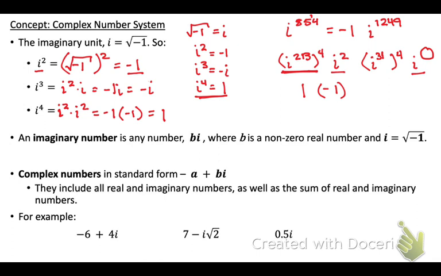And what's my remainder? So this whole thing is 1. And what's i to the first? We just write i to the first, don't we? So the answer is, what's 1 times i?